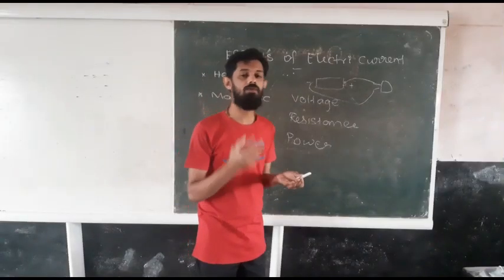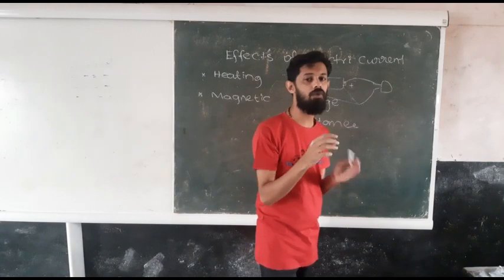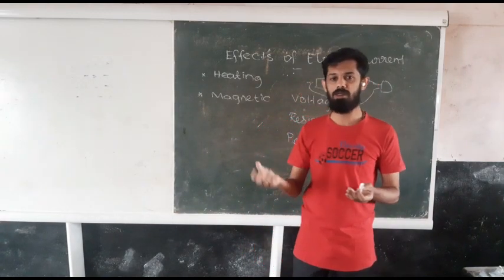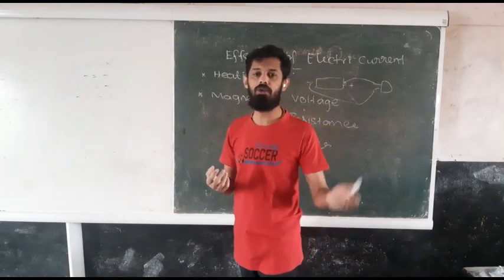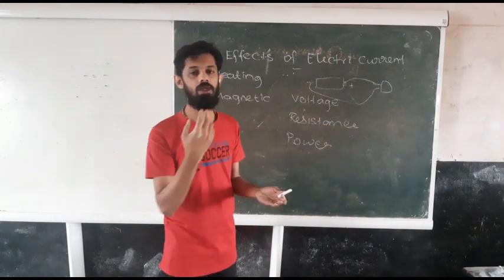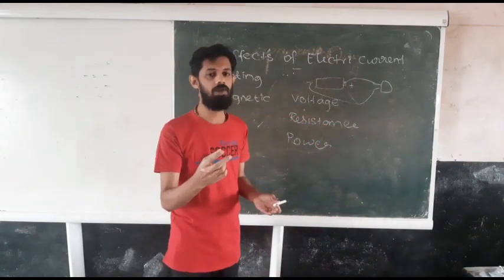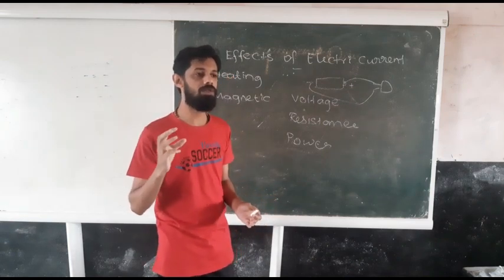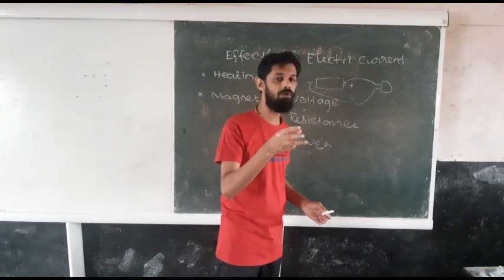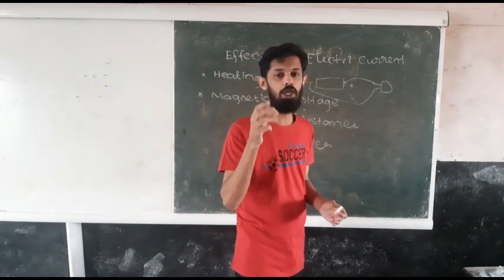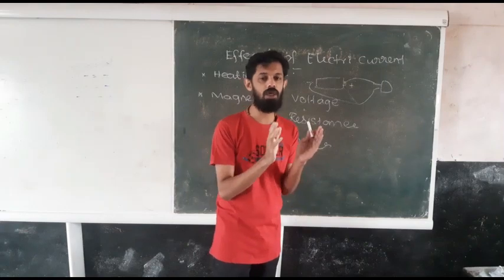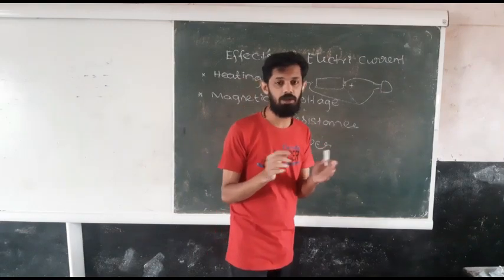Then which gas do we fill in? We need to fill noble gases such as argon and nitrogen into the electric bulb, which will prevent corrosion and elongate the life of the tungsten filament. This much only about the incandescent bulb.